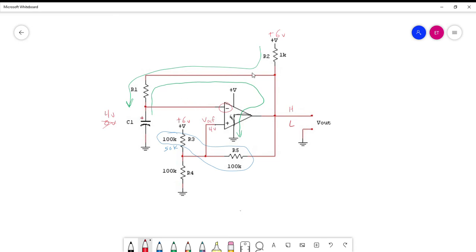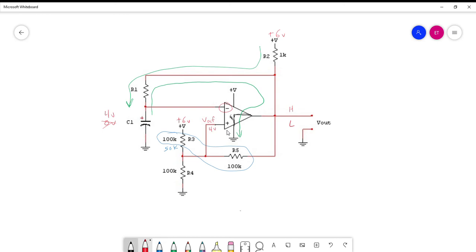This oscillator would not work if we had a fixed 4 volts here, because the capacitor would charge up to 4 volts. As soon as it goes past, it would discharge till it went below 4 volts, and then it would charge back up above 4 volts, and so on. And it would keep repeating that very tight cycle.